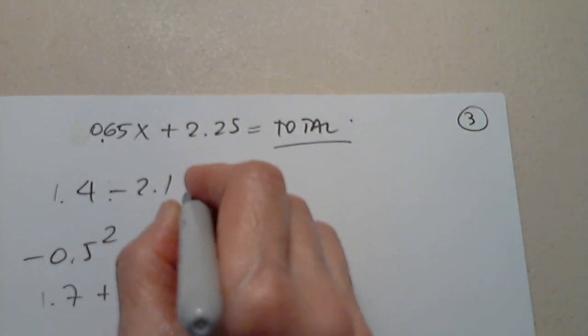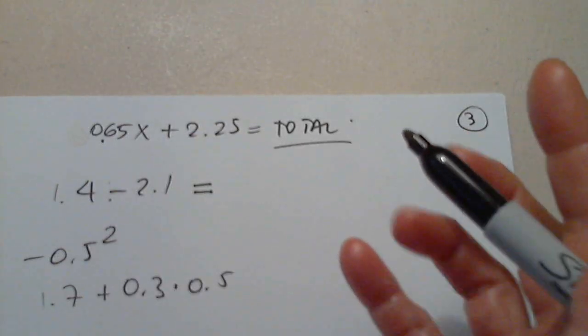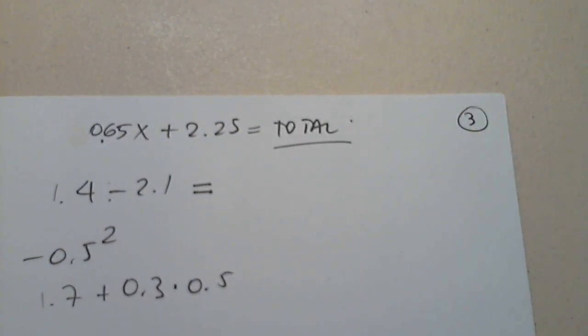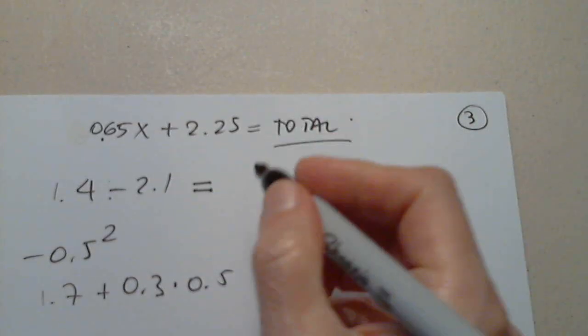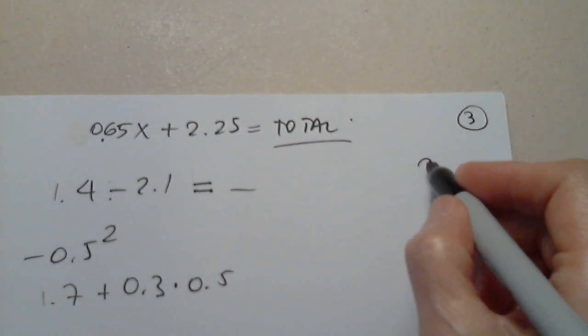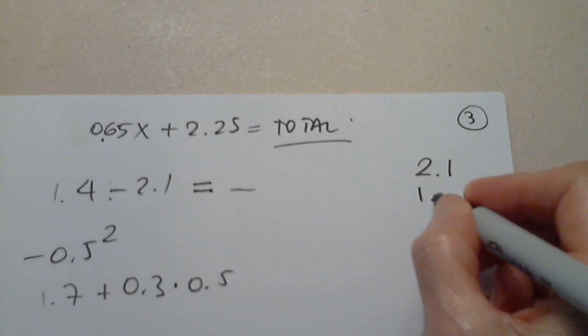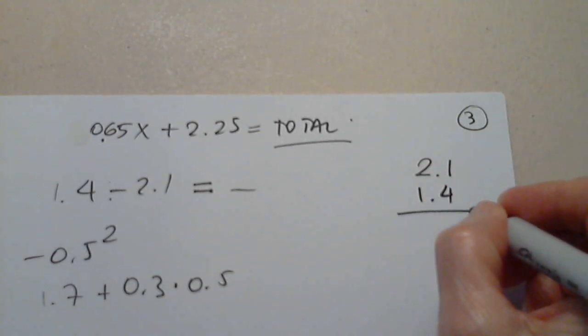Always establish the sign first, because then it's easier to calculate. What is the sign of the outcome of 1.4 minus 2.1? Negative. Yes, since it is negative, you only need to calculate 2.1 minus 1.4.